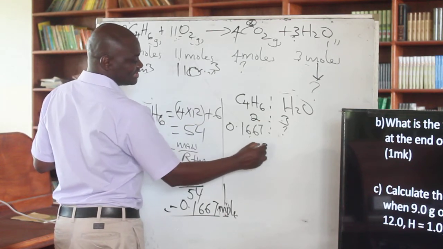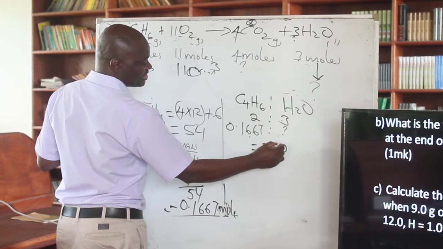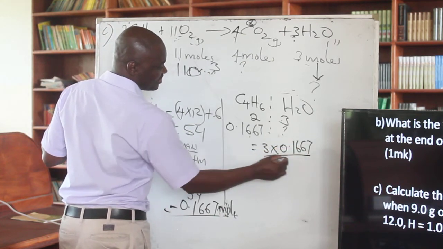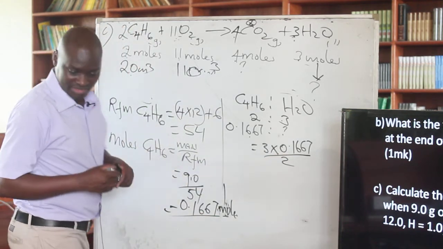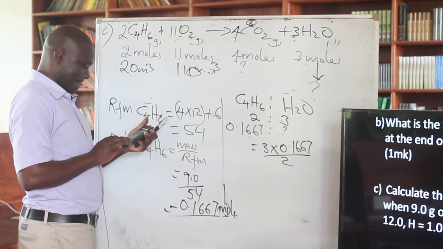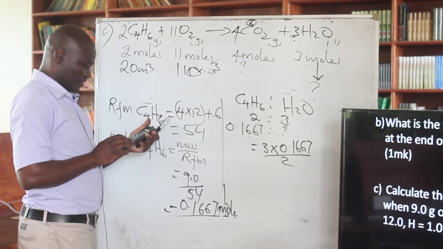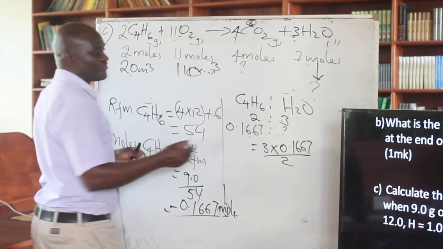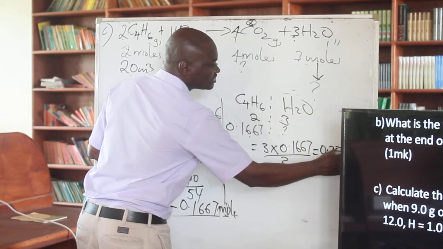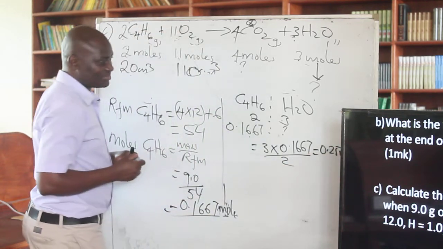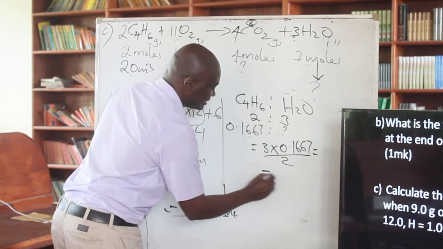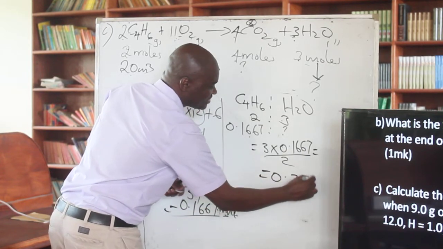So it will be 3 times 0.1667 over 2. You get 0.25. So the moles of water is 0.25 moles.